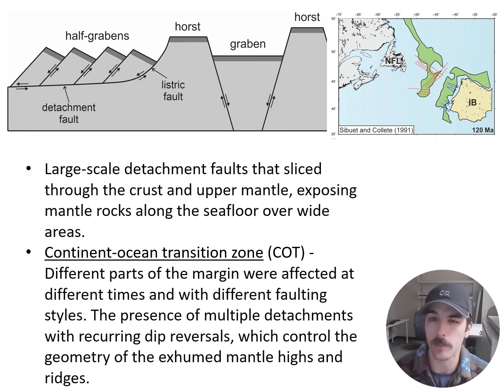And we're able to determine this is a passive rift not only by the lack of basalts we see, but also by the large-scale detachment faults that slice through the crust and upper mantle, exposing mantle rocks along the seafloor over wide areas.